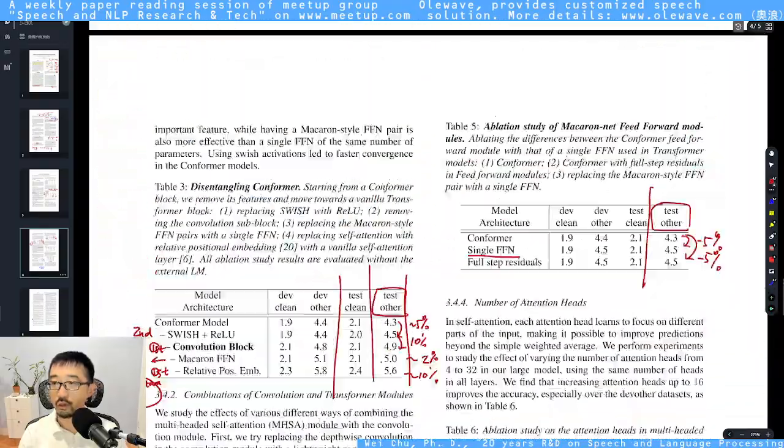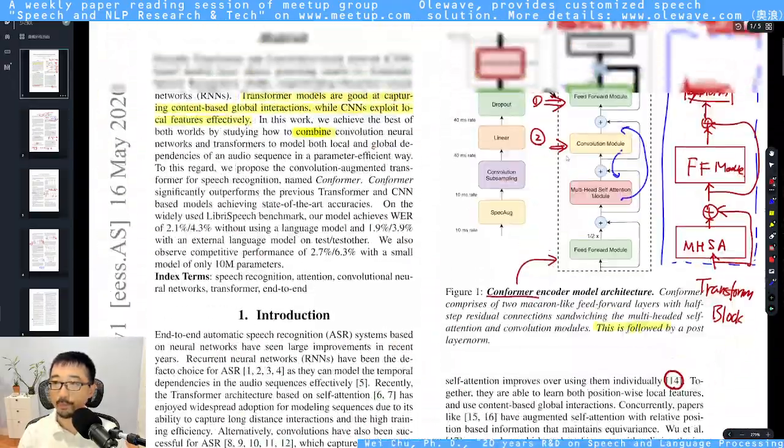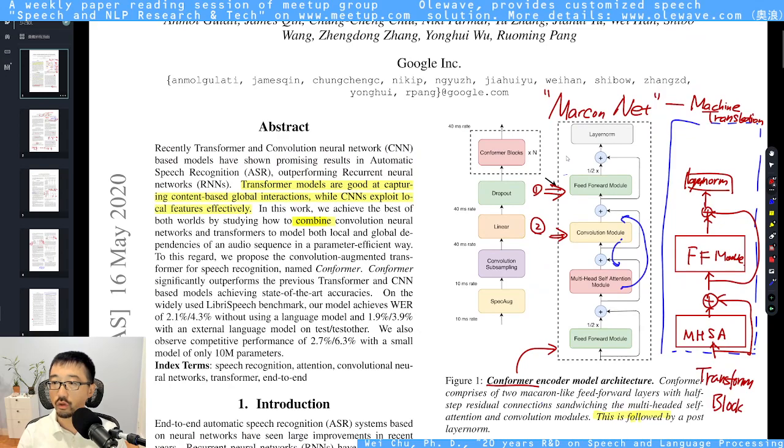Let's look at their picture again. So you say, can I just use one feed-forward module, for example, I just have a toast, French toast. I don't like sandwich. I like a French toast. I don't want the things on top. Suppose you don't use this. They also told you that you're going to suffer from this. You're going to lose 5%. So you have to keep this.